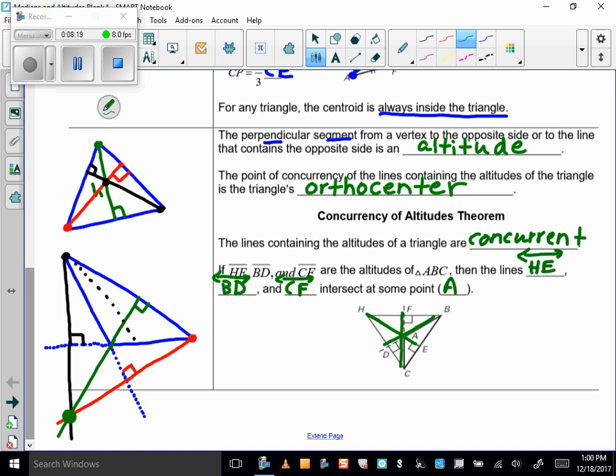In this case, we called it A. The lines containing the altitudes of a triangle are concurrent.